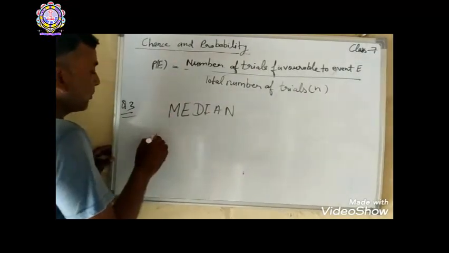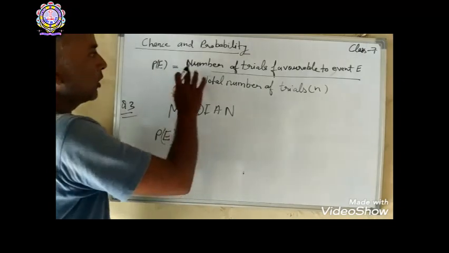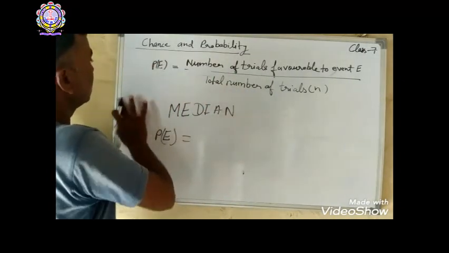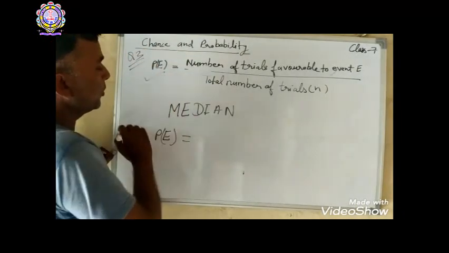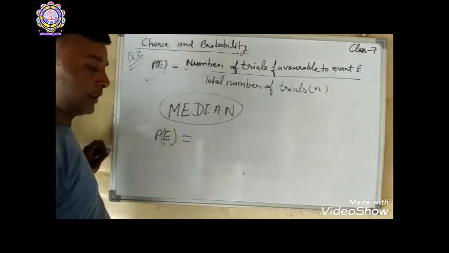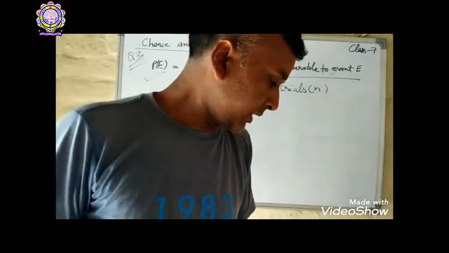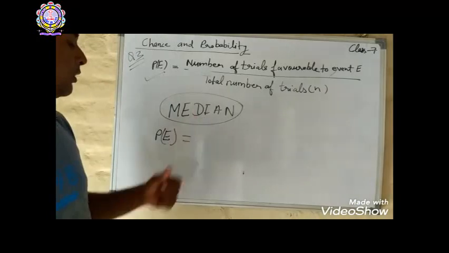So first you write the formula: probability P is equal to number of favorable trials over total number of trials. He asked what is the probability that it bears the letter D?